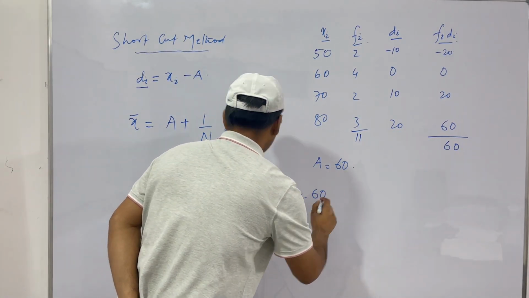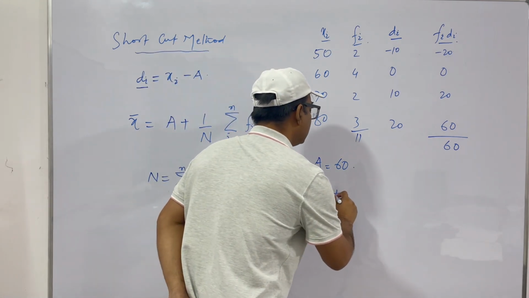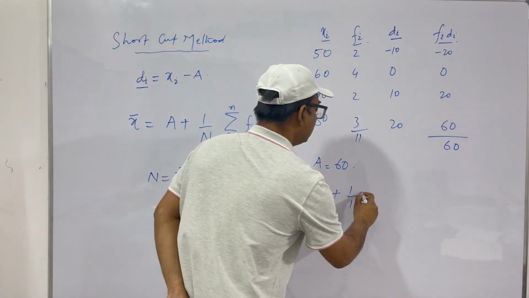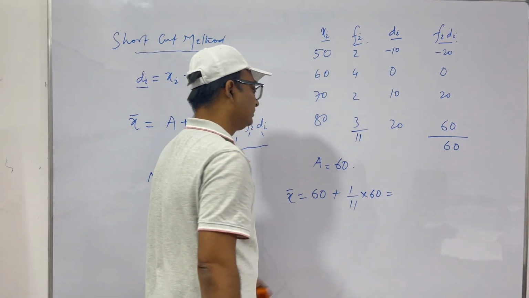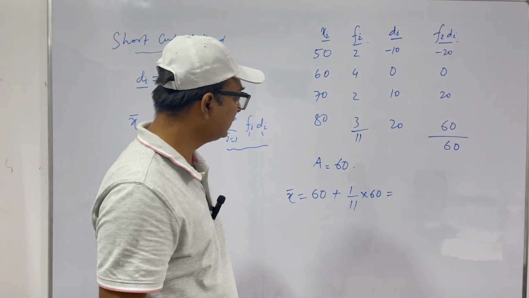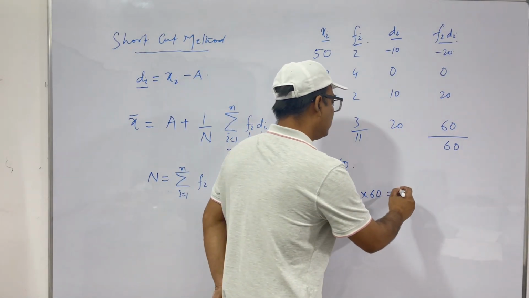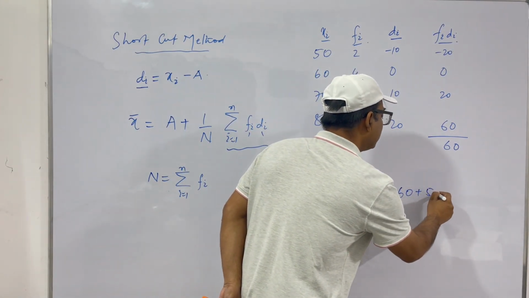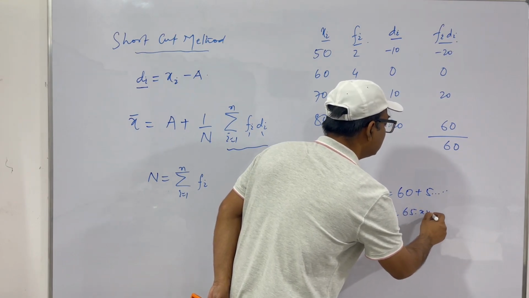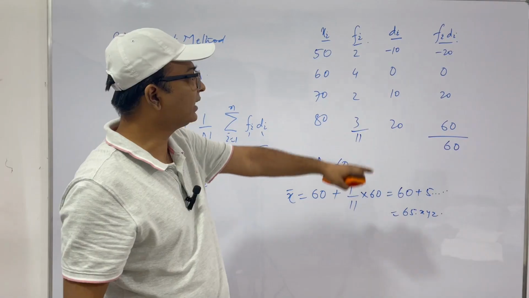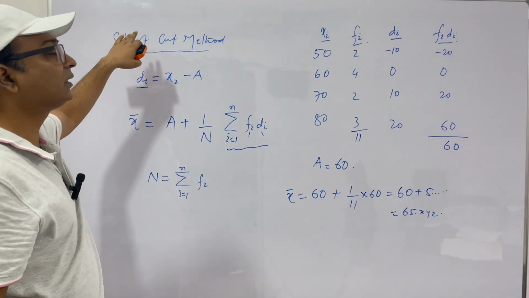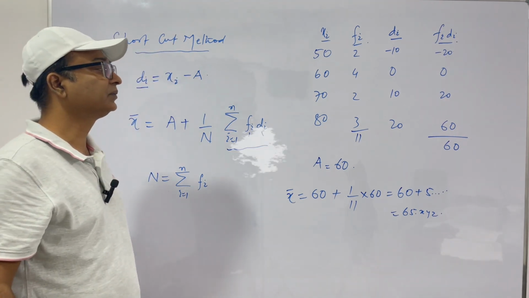It is a, that is 60, plus 1 by n, that is 1 by 11, into the summation, 60. You can take 60 by 11, which is around 5 point something, so this will be 60 plus 5 point something, equal to 65 point something. So our calculation becomes very easy. This is the calculation of arithmetic mean by the shortcut method.